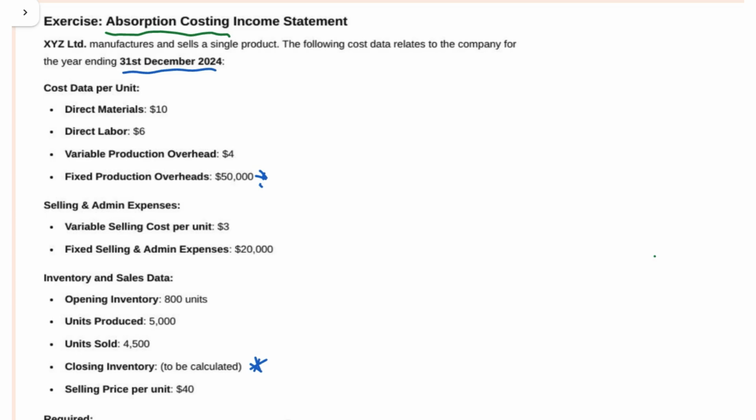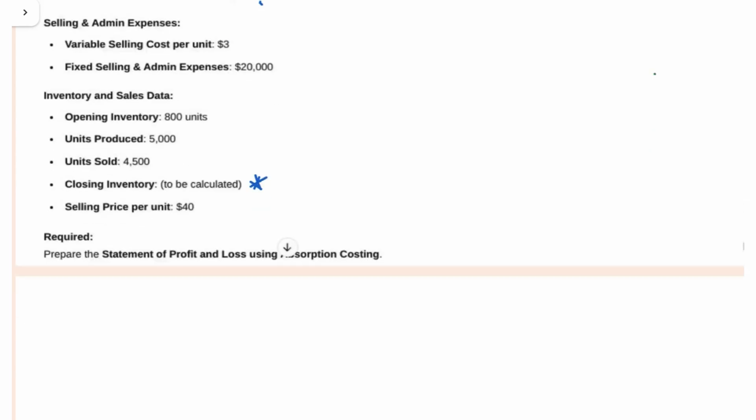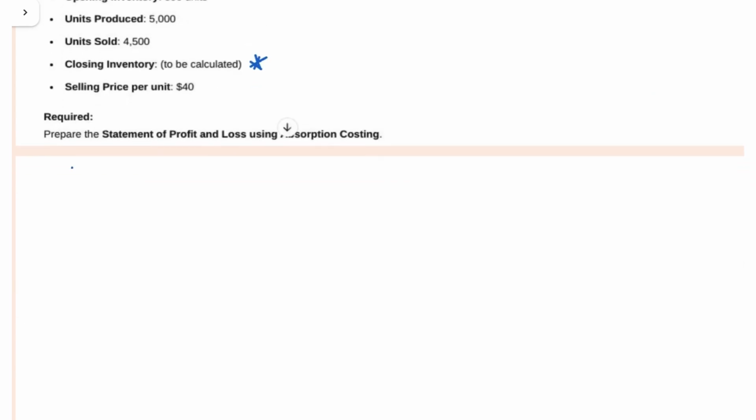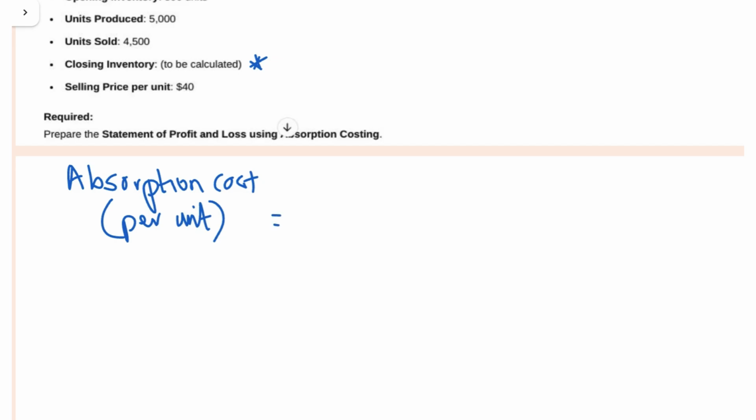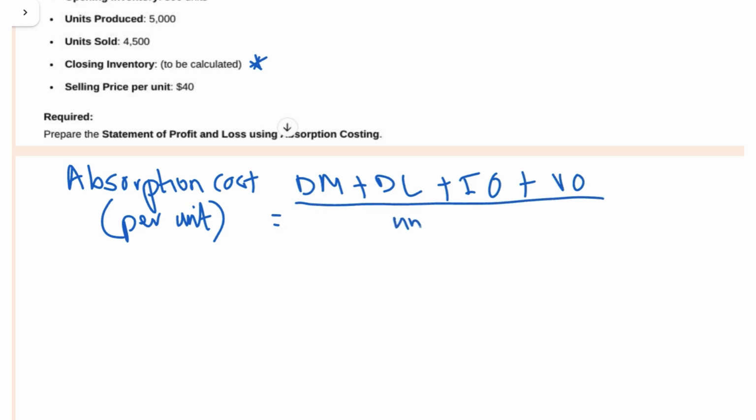The first thing we can do is find our absorption cost. Let us calculate our absorption cost per unit. This means we add our direct materials, direct labor, and remember the fixed overheads divided by units produced, plus the variable manufacturing overheads.